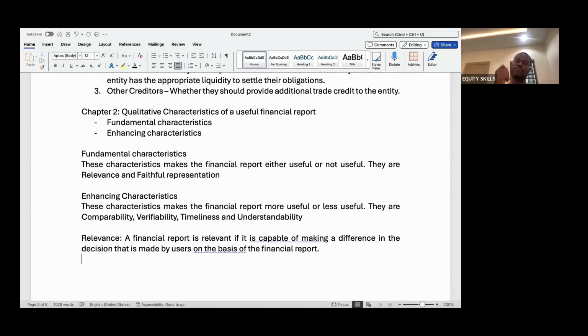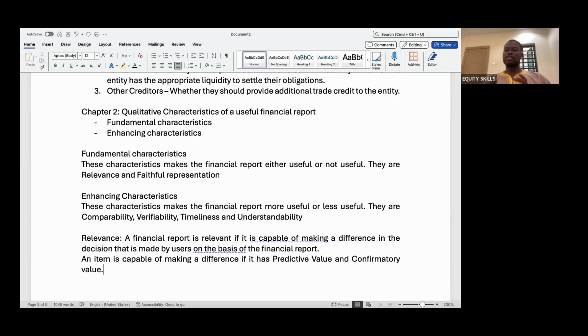If it is capable of making a difference. You see, an item is capable of making a difference if it has predictive value and confirmatory value. Finish. If it has predictive value and confirmatory value, then it is capable of making a difference.